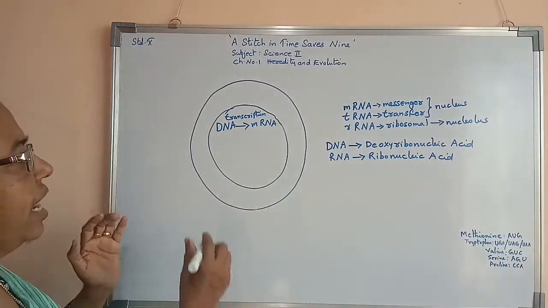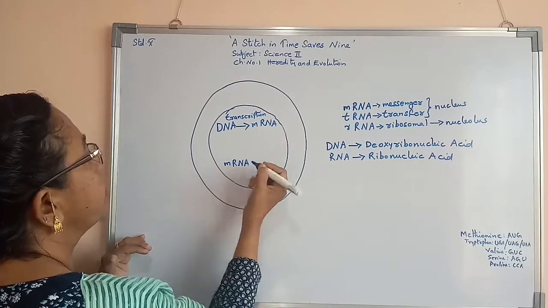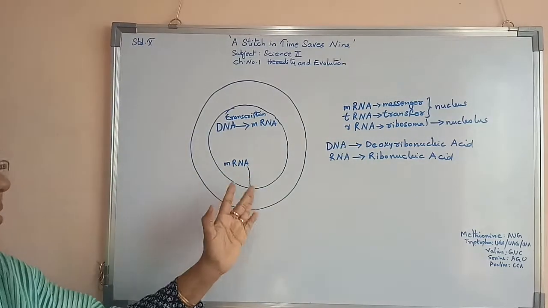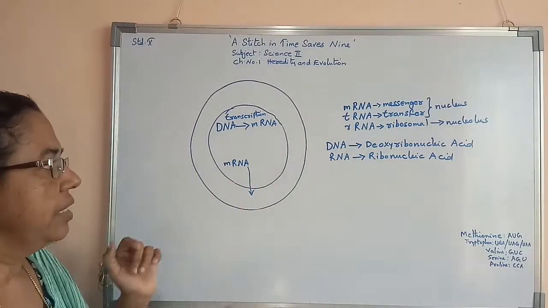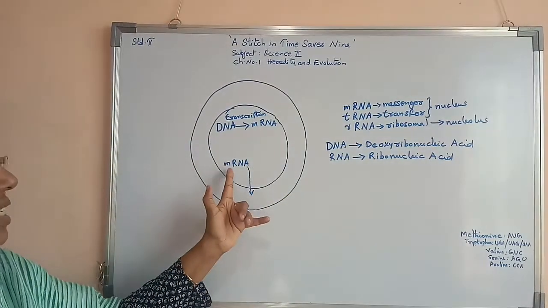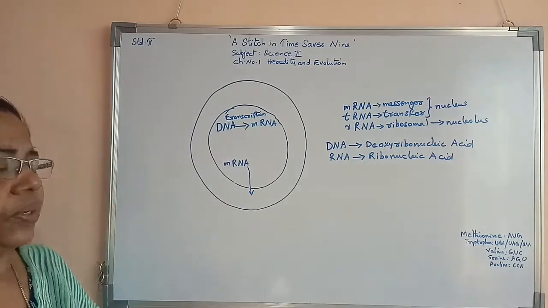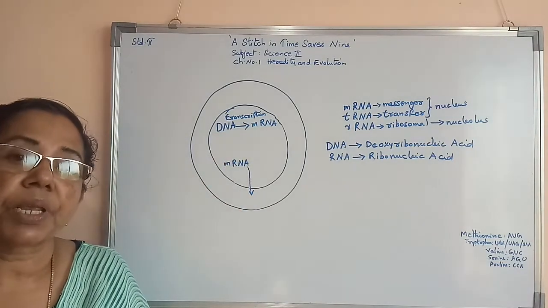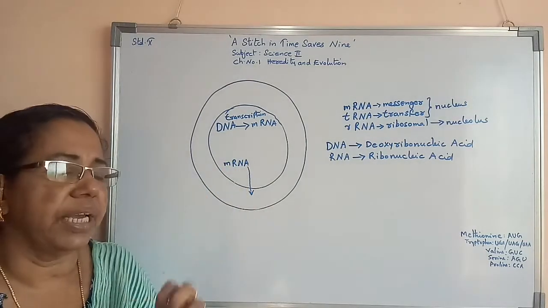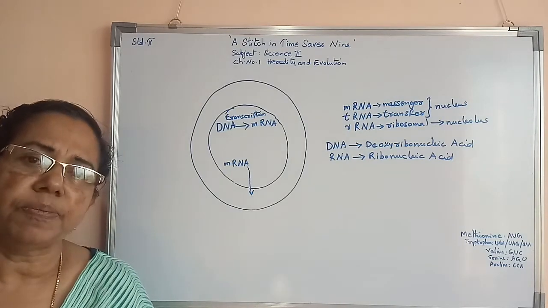Once messenger RNA is formed, it slowly enters from the nucleus into the cytoplasm. This is the nucleus, this is the cytoplasm. As and when messenger RNA is produced, slowly it will enter into the cytoplasm and reach the ribosome.